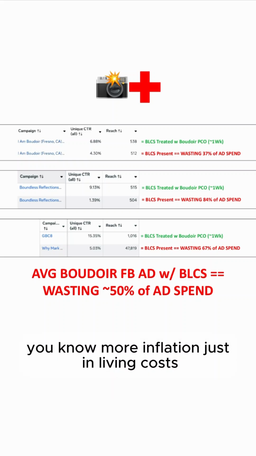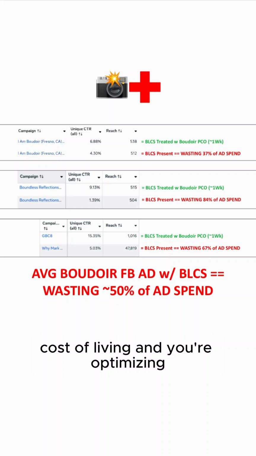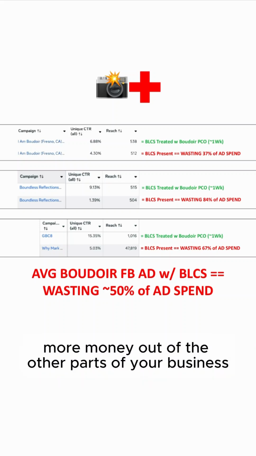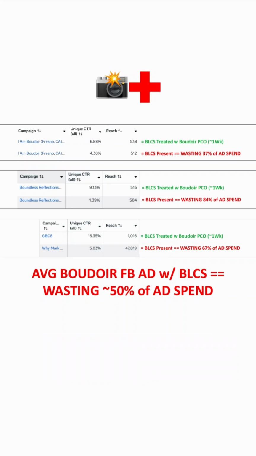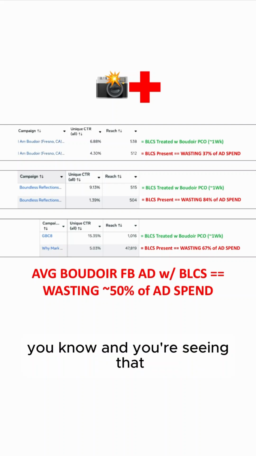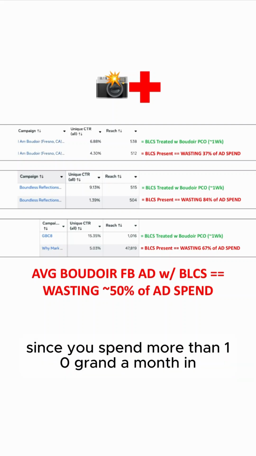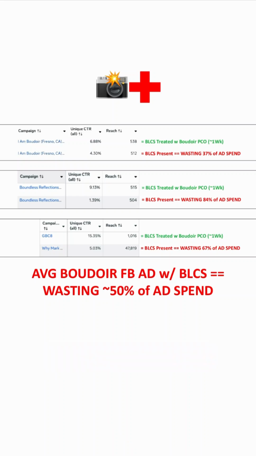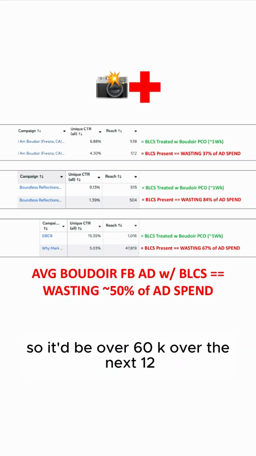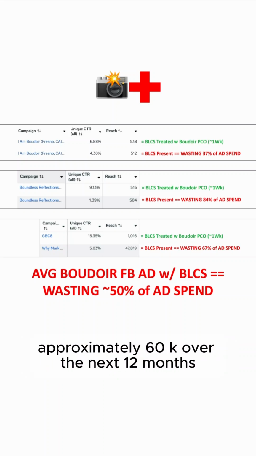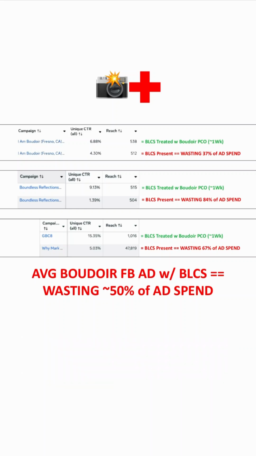You're seeing more inflation in the cost of living, and you're pulling more money out of the other parts of your business. And you're seeing that since you spend more than 10 grand a month on Boudoir Facebook ads, we can eliminate approximately 5K of that per month, put that back in your pocket, you no longer have to spend it. So it'd be approximately 60K over the next 12 months.